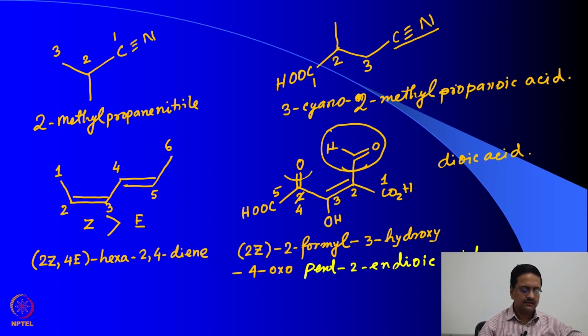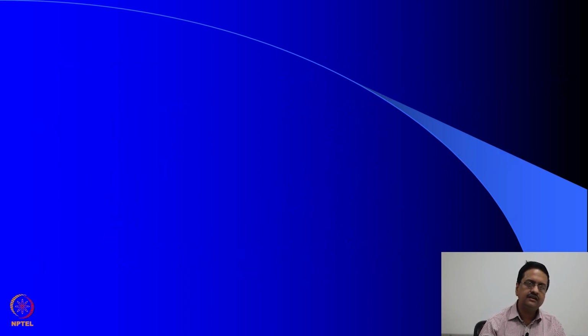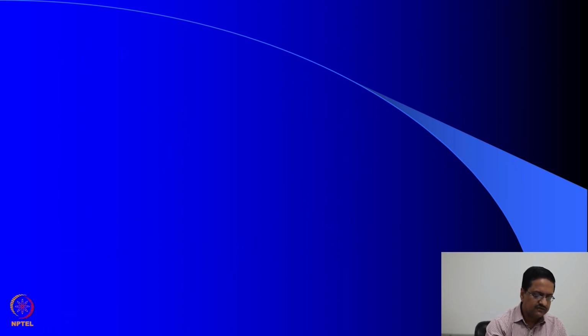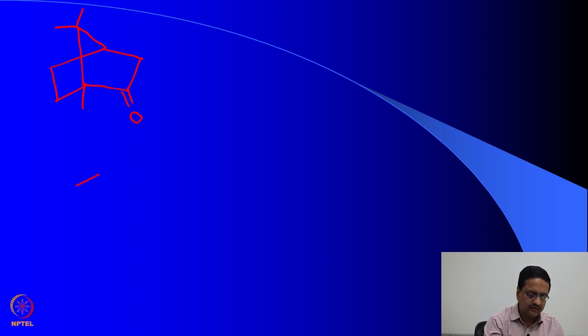So, with this I would like to give you some homework so that you can try to name some of these molecules. The first molecule is a bridged molecule that you may see here. The second molecule that I want to draw is the following.